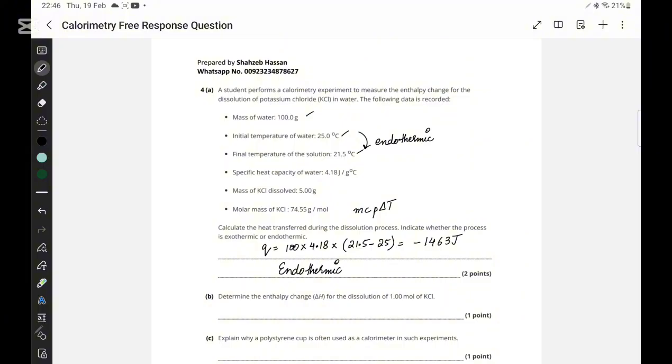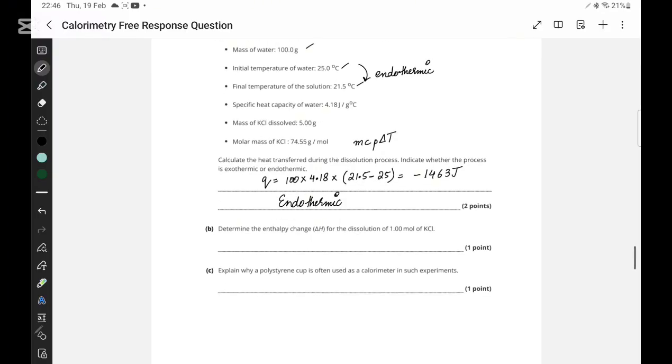So when Q is negative, the process is endothermic.